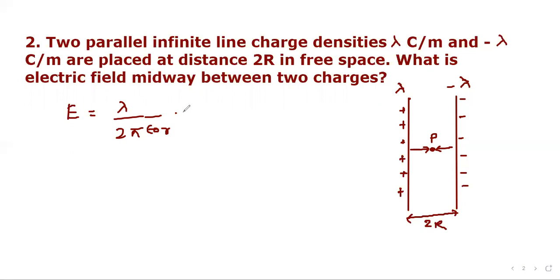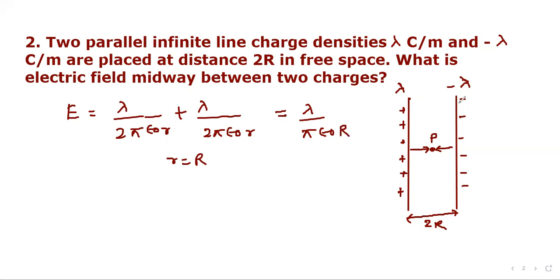So it will become plus lambda divided by 2 pi epsilon naught r, and that will become lambda upon pi epsilon naught r, small r. But this is midway, so it is capital R, small r equal to capital R. So this is capital R.